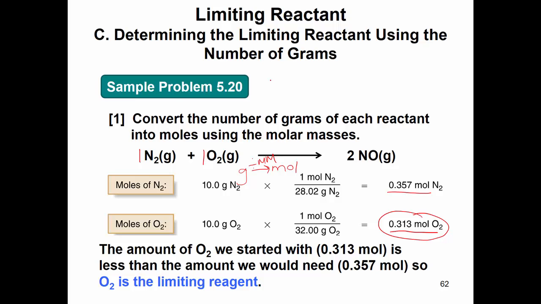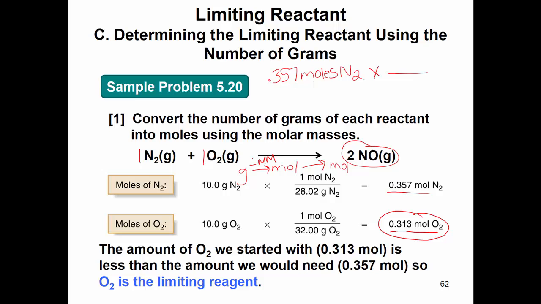So what you really need to do from there, if you have 3.57 moles of N2, is look at which reactant limits you from making product. So what you would do is take your moles of N2 and convert to moles of product. So we go from grams to moles and then to moles.